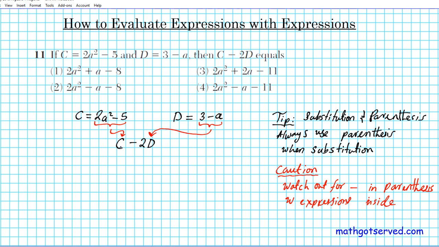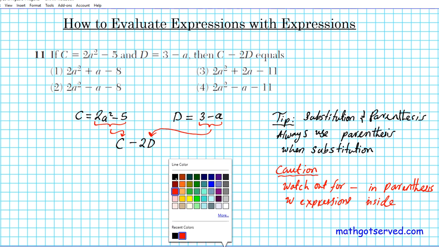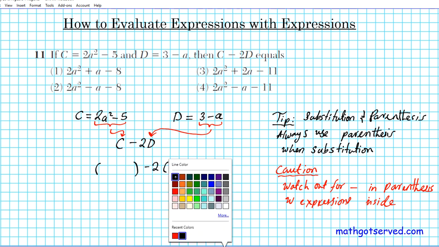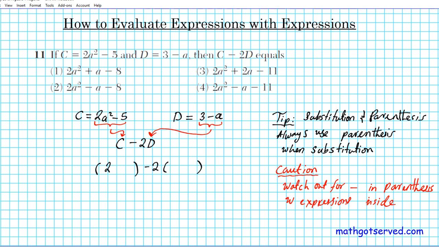We're going to start out by taking out these two variables c and d and replacing them with parentheses. In place of c, I'll put parentheses minus 2 times parentheses. In the first parenthesis, I'm going to substitute 2a squared minus 5 for c.